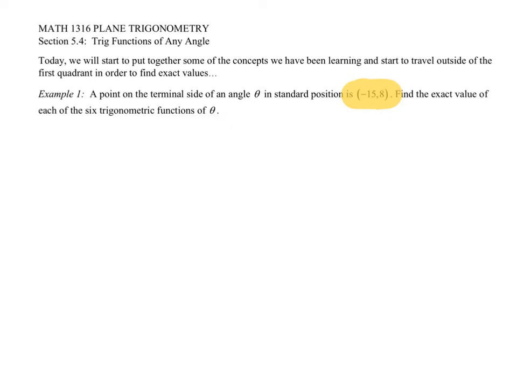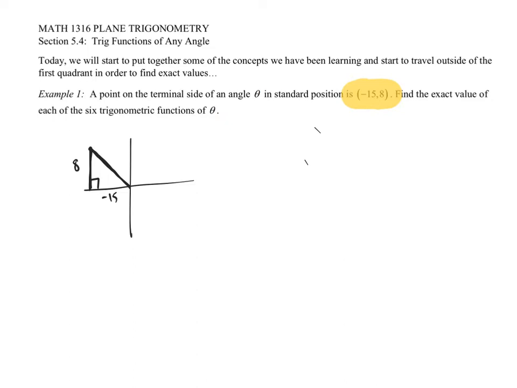And so I'm going to draw a picture with that point, and I know that that point is in quadrant 2 because -15 is the x-coordinate, 8 would be the y-coordinate, and so that means that this distance is going to be 8, and then this distance is going to be -15, and then I'm going to draw a hypotenuse that goes back to the origin. So I drop a little perpendicular line here, and then a line that goes back to the origin so that I make a right triangle.